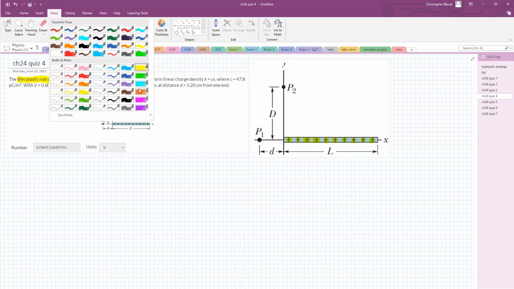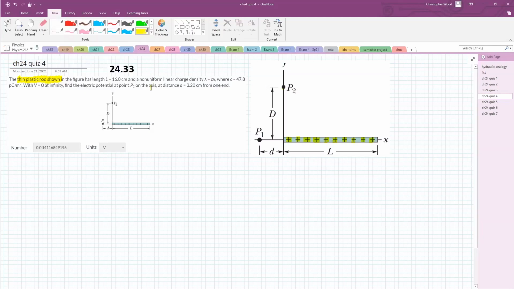So business as usual. Probert is standing right here. Let's see. Find the electric potential at point P1. So Probert's standing right here. All right. Probert is standing, apparently when Probert stands at P2, I think we didn't deal with that because now we're dealing with non-uniform charge density. All right. So what's the charge there at point P1?